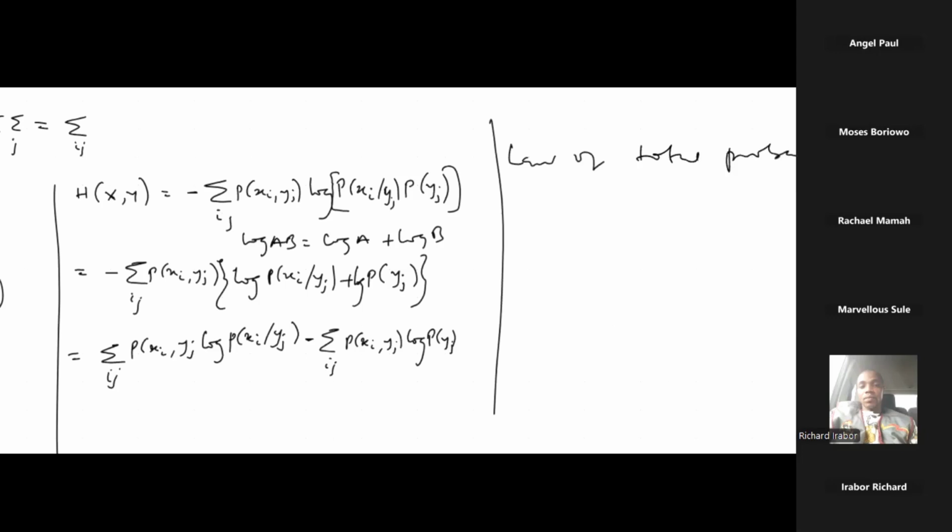It says that P of y_j, for instance, is the same as the sum of P of x_i, y_j, which is also the same, by applying the Bayes theorem, as the sum of P of y_j given x_i, P of x_i.